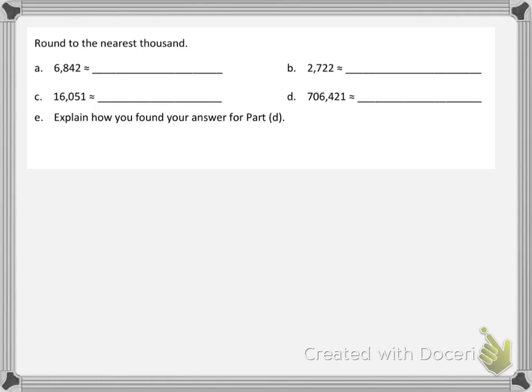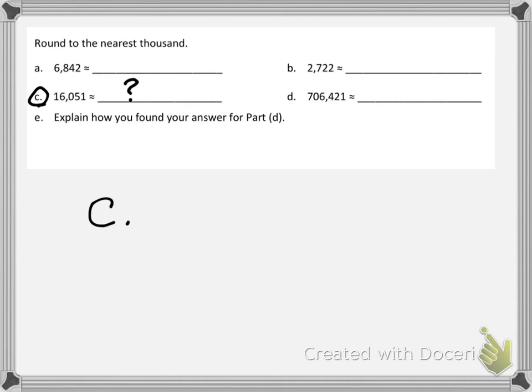Okay, I'd like you to try letter A. 6,842 to the nearest 1,000. Okay, the next one I'd like you to try is letter C. 16,051, rounded to the nearest 1,000.